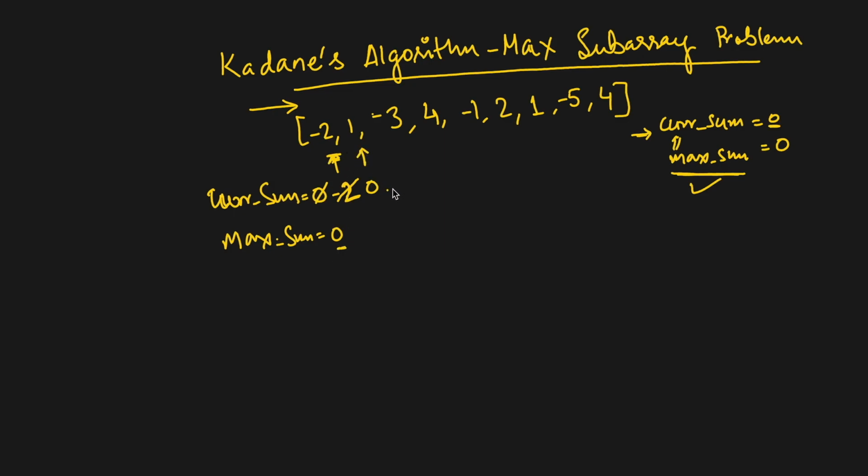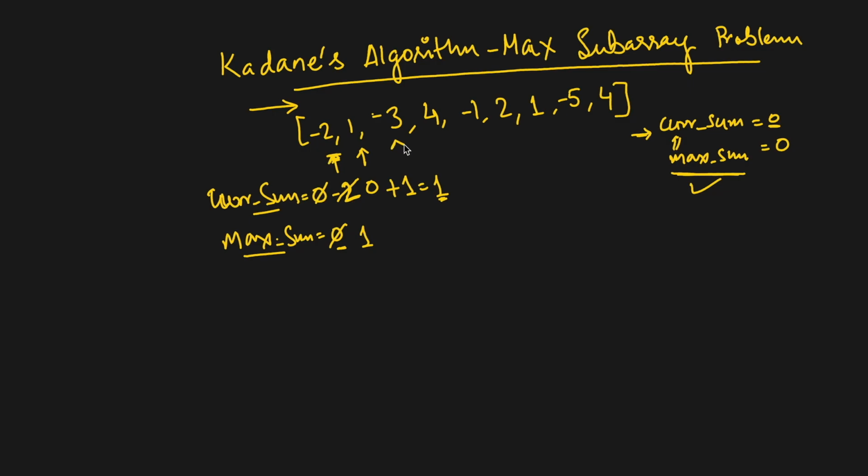Next element is 1, so we'll add 1 here, so now the current sum is 1. Now max sum is less than the current sum, so we'll update the max sum to 1.